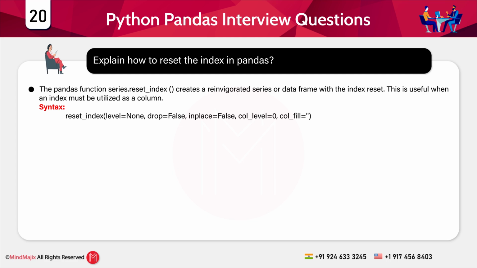It is inserted into the first level by default. The last parameter is col_fill, the default object, which determines how the other levels are named if the columns have different labels. If there is no value, the index name is replicated. Again, to explain this concept, you can write a few lines of code.